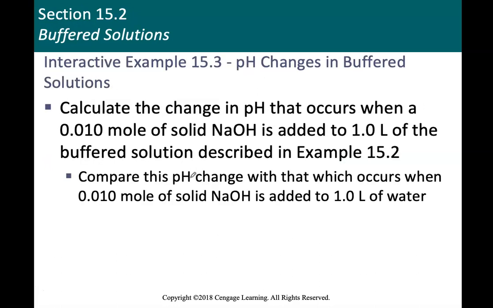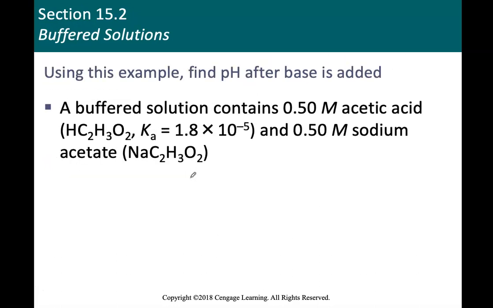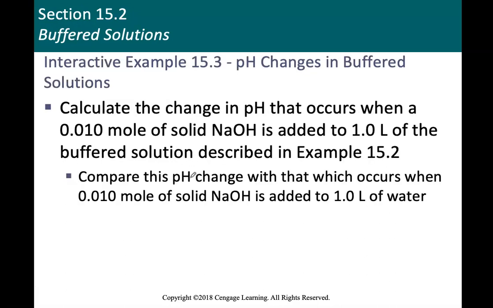All right, this calculation here is going to be the next step. A buffer solution containing 0.5 mole acetic acid and 0.5 mole sodium acetate. Notice that we are going to calculate the change in the pH when you add 0.01 mole of sodium hydroxide.